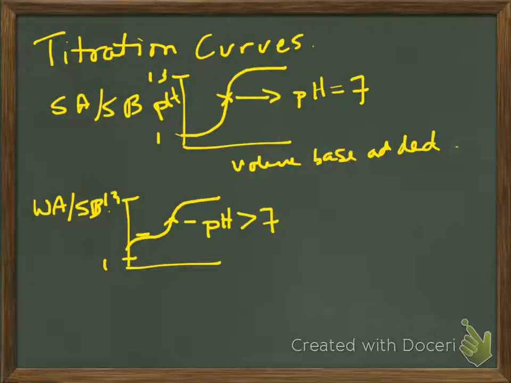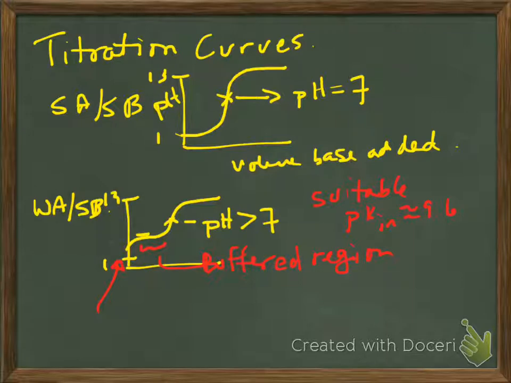You should take note of the shape of the curve on this end. This area in here will be your buffered region. That's where you could have a buffer. And a suitable indicator would have a pK indicator of about 0.6.